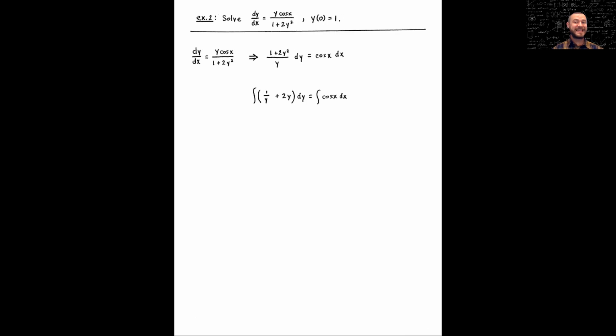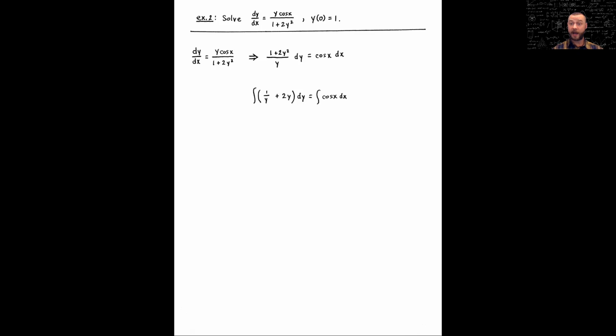Now, to make the integration for both sides go as simple as possible, notice you can rewrite the fraction on the left side. You can divide y into each term in the numerator, since we're adding in the numerator. So we can rewrite the integral on the left side as the integral of 1 divided by y plus 2y.